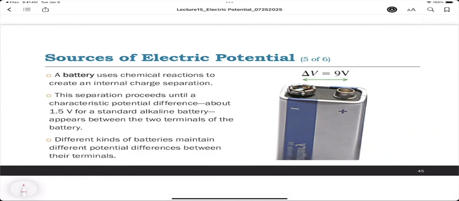Different kinds of batteries maintain different potential differences between their terminals, and they have different technologies to create it, but all batteries need to create this potential difference. Does that make sense to you?